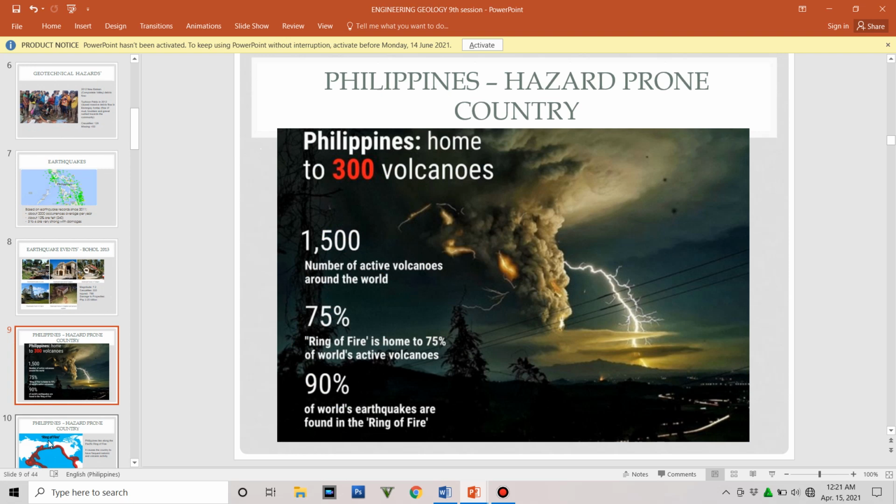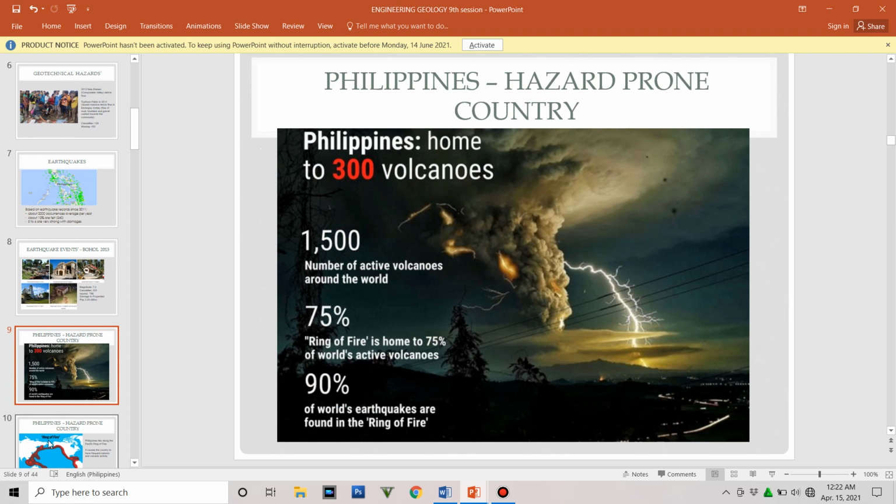That is why 90% of the world's earthquakes are found in the Ring of Fire. Being situated on the Pacific Ring of Fire, and well within the broad path of seasonal typhoons, the Philippines is particularly prone to disasters caused by ground-related phenomena, so earthquakes or rainfall-induced slope failures.